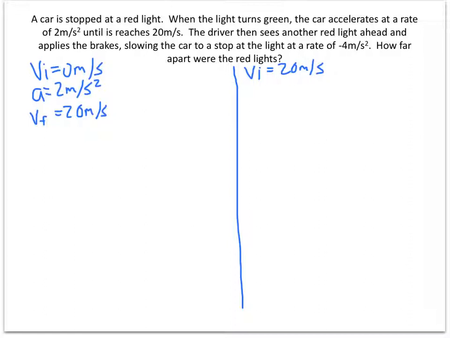Because at that point of my final velocity, 20 meters per second, I then hit the brakes, that becomes my initial, and then I come to a stop at the next light, which makes this now 0 meters per second, coming to a stop, and an acceleration of -4 meters per second squared. And for both of these, I want to know how far apart the red lights were, so I need a distance for both of these.